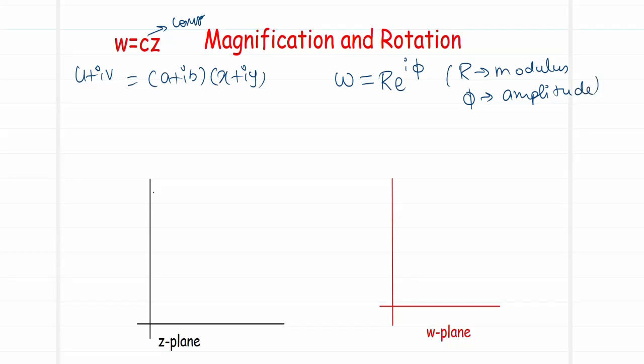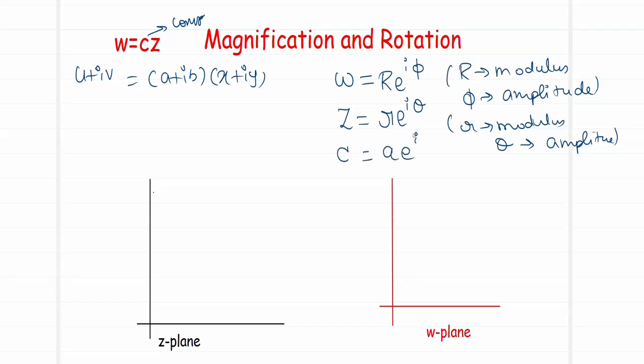And let Z be represented again in the polar format as r e power i theta, where r represents the modulus and theta represents the amplitude. And again, we have the complex constant C. Let it be represented as A e power i alpha, where A represents the modulus, and alpha represents the amplitude.